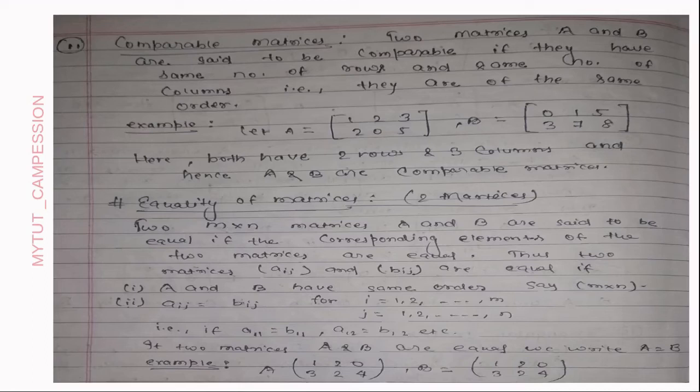Now we will check the equality of matrices, when we say that two matrices are equal or not. So we will define equality of matrices. Two m cross n matrices A and B, that is, both matrices have the same order, are said to be equal if the corresponding elements of the two matrices are equal.